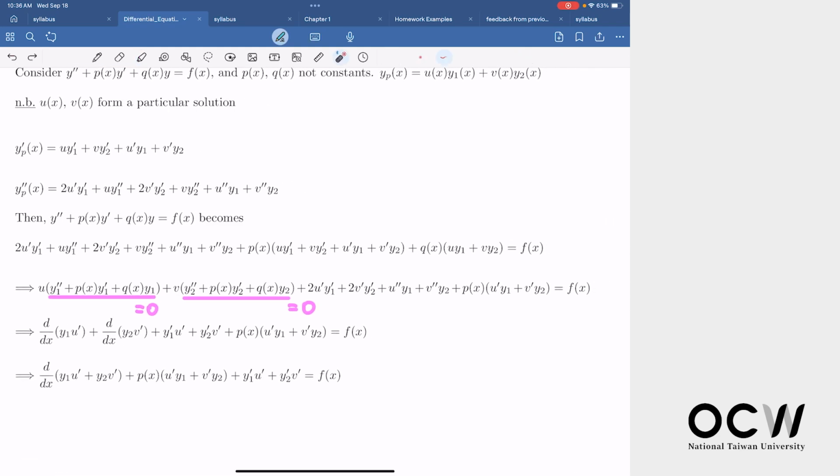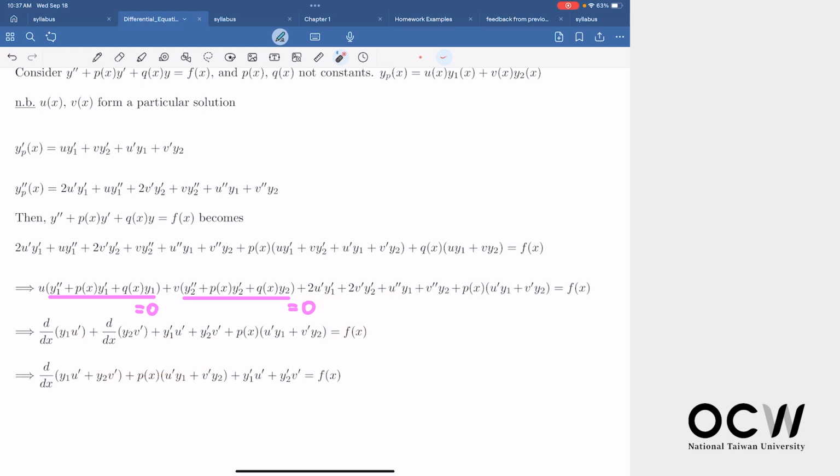And let's see the rest of the terms. I can combine some terms to get, well, this one is the same. And we can combine y prime u prime and also u double prime y1 here. And I keep one outside. And the second here.